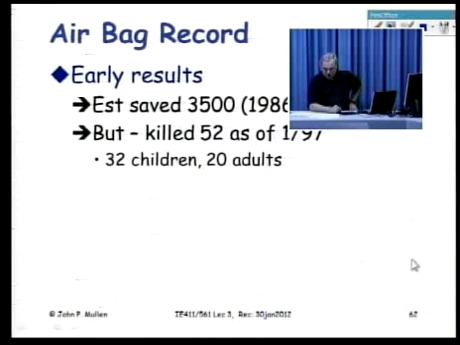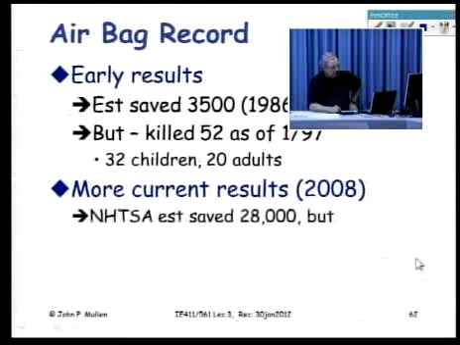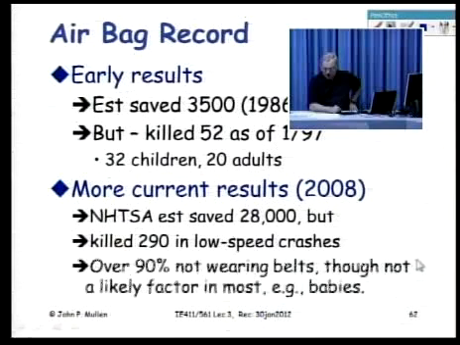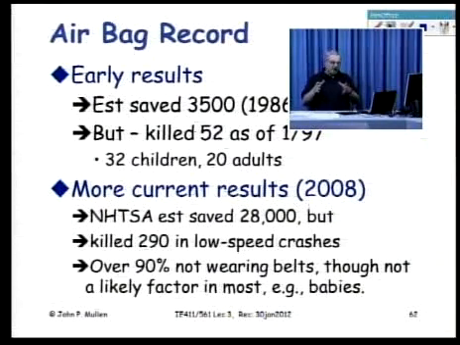We don't like that. More current results, 2008, the estimate now is up to 28,000 lives, but 290 people have been killed in low-speed crashes. In 90% of the cases, they weren't wearing belts, but with little kids, they've had things like people put the carrier in the front passenger seat and arrange it so when that 200-mile-an-hour airbag hits it, it actually causes a problem for the child.